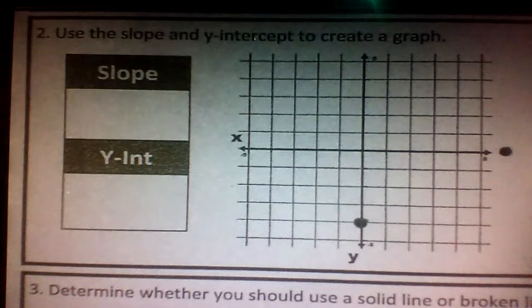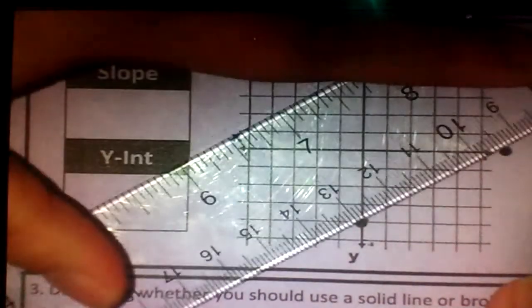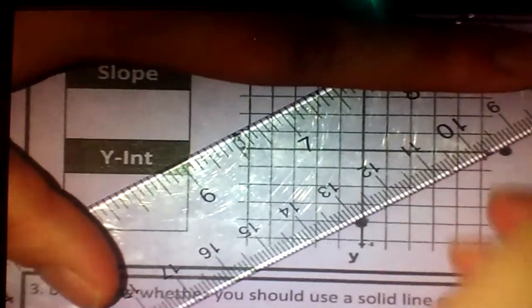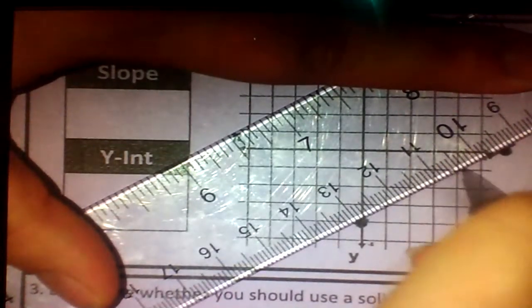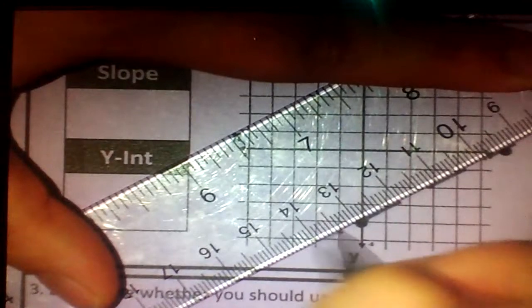They're all the same thing. When my inequality does not have the greater than or equal to or less than or equal to, this automatically tells me that it is a broken line. So when I go to draw my line here, it needs to be open. It is not a solid line.